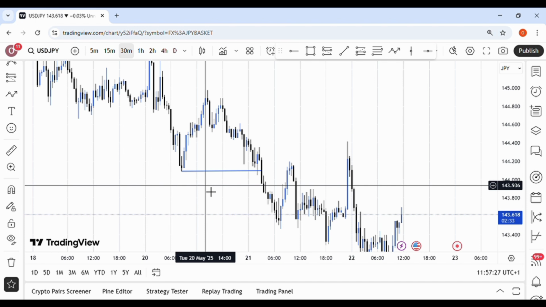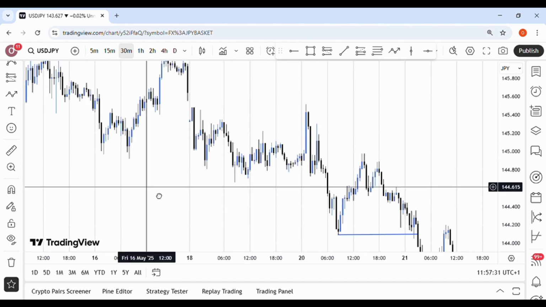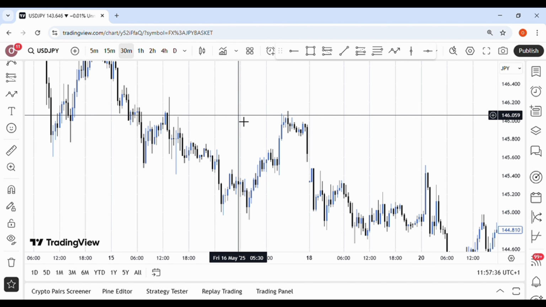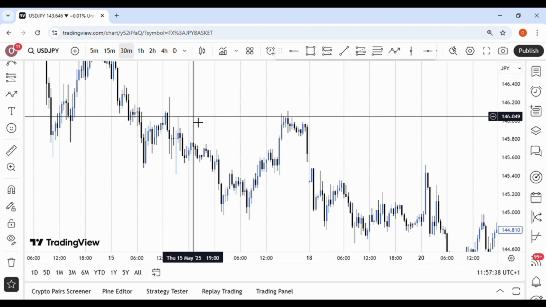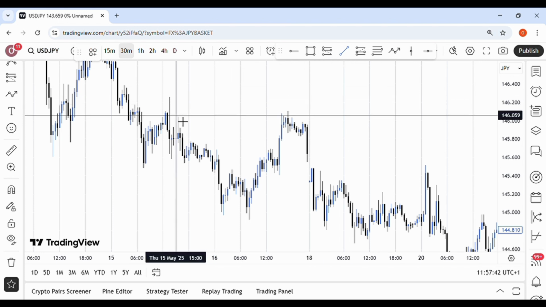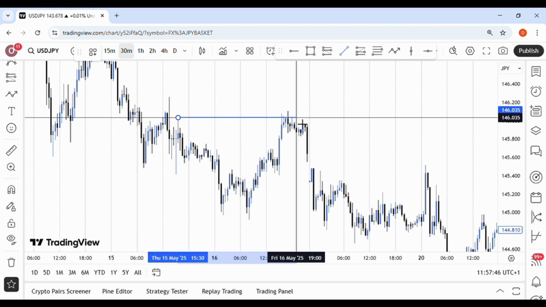You understand, guys? Now, in the process whereby you see something like this, that is not a valid break of structure. From here to here, this is not a valid break of structure. Why?